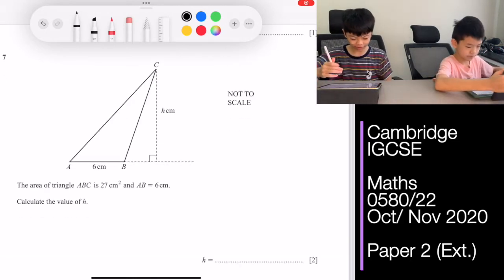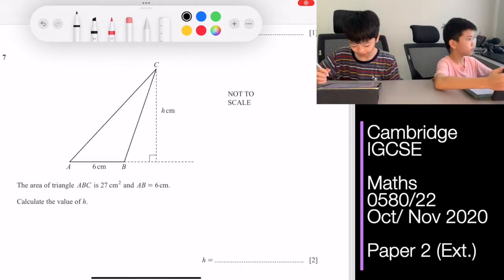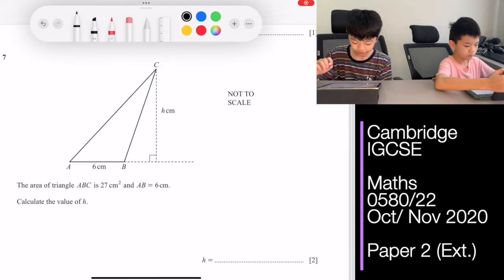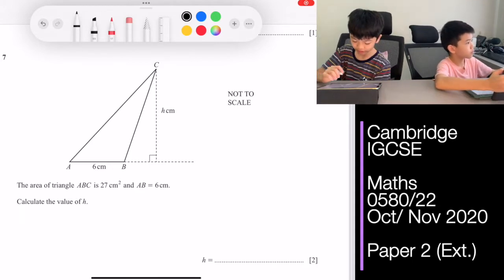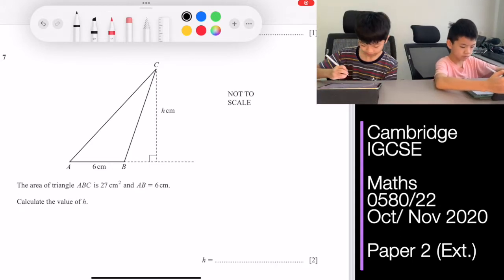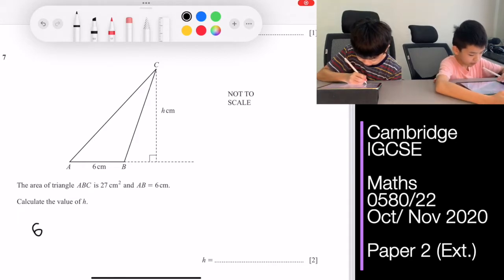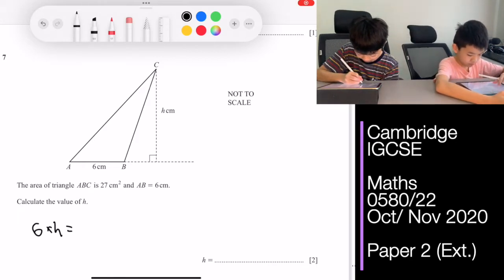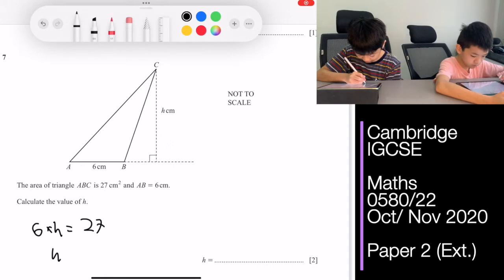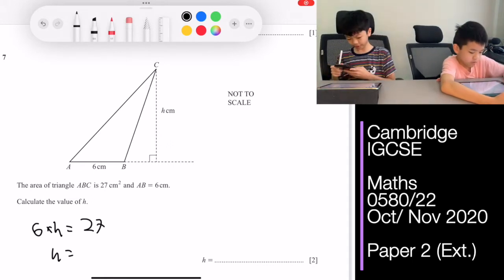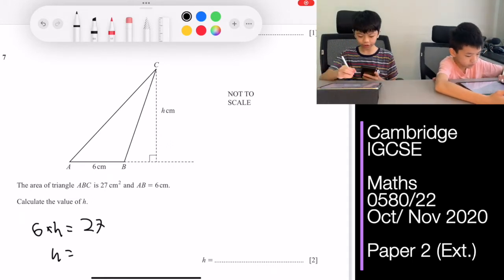Okay. Question 7. Calculate the value of h. The area of the triangle is 27. 6 multiply h is 27. H is 27 over 6, which is 4.5.